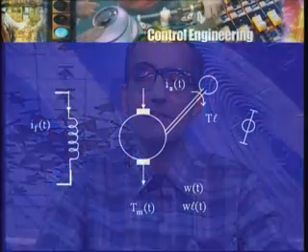And as you can see, in the case of the separately excited DC motor, the field winding is connected to some power supply. Hopefully that power supply voltage will remain constant, and therefore the field current will remain constant.